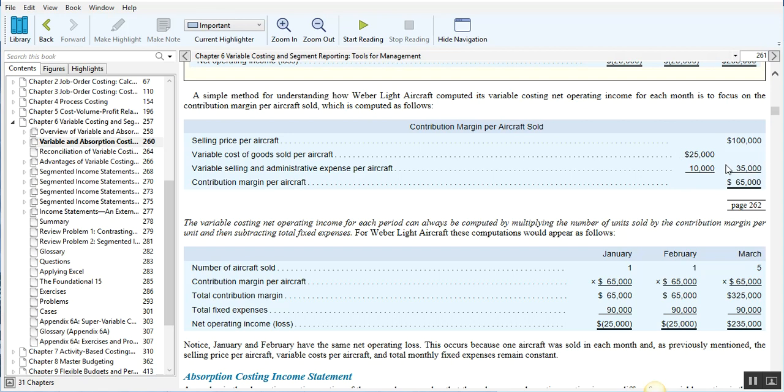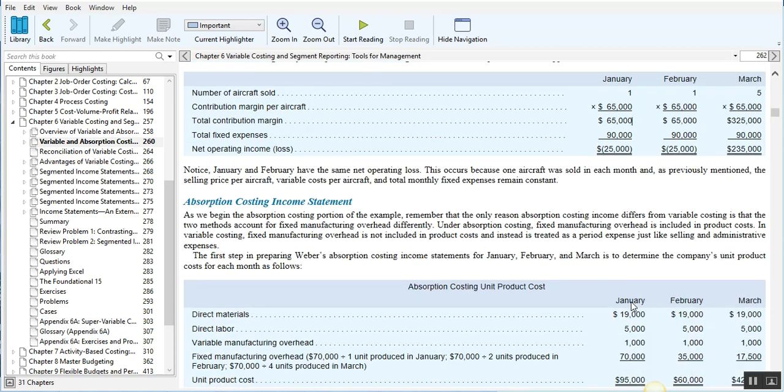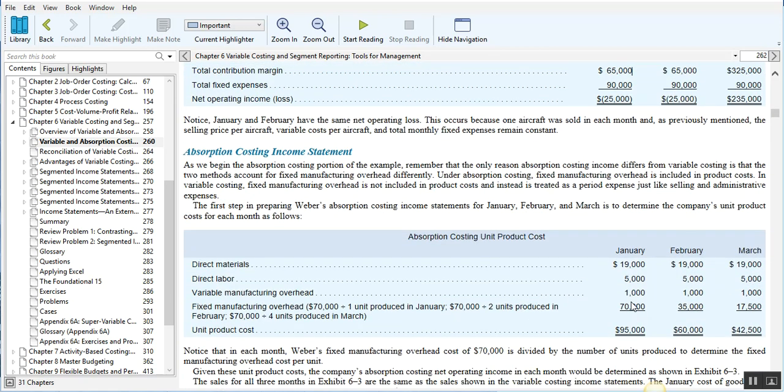So we have a total of $35,000, and for each aircraft we're going to have a contribution margin of $65,000. And then we'll have the fixed expenses of $90,000 per month. So we have the same net operating loss in January and February, but we have an improvement in our net income in March.